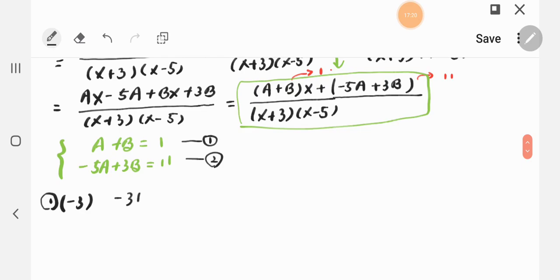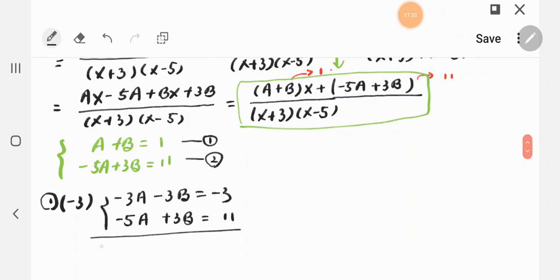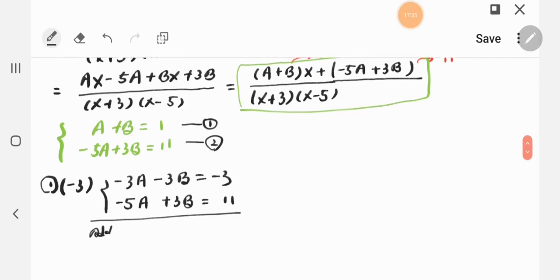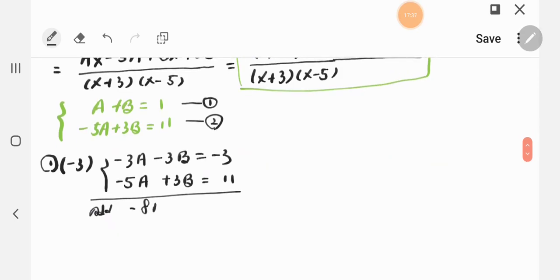So negative 3a minus 3b is equal to negative 3, and negative 5a plus 3b is equal to 11. Add these two, then negative 8a is equal to positive 8. So a is equal to negative 1.